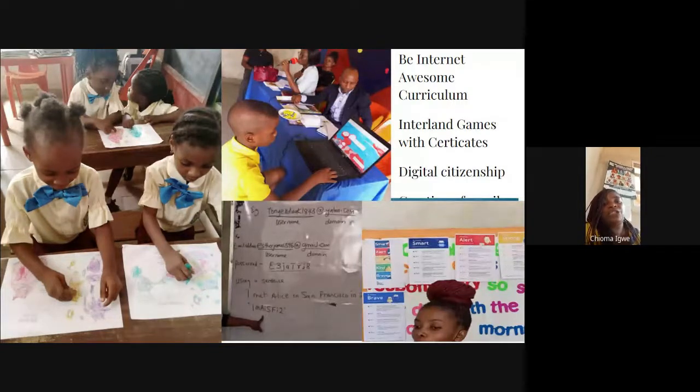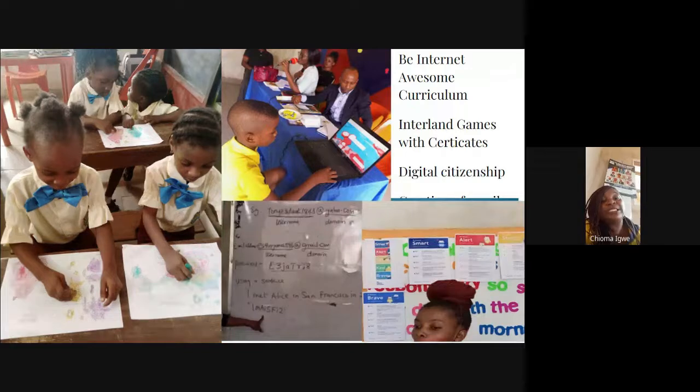So we're able to take the children through the Internet Awesome curriculum, like be smart, be kind. We were able to teach them all that, and then they play the game. Up till now, some of them are still playing the Interland games, and it's fun. They love it. So we didn't leave our nursery class out of it. We still brought them in.